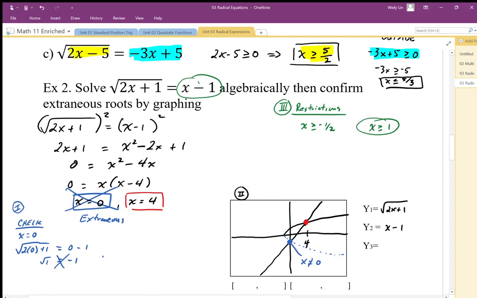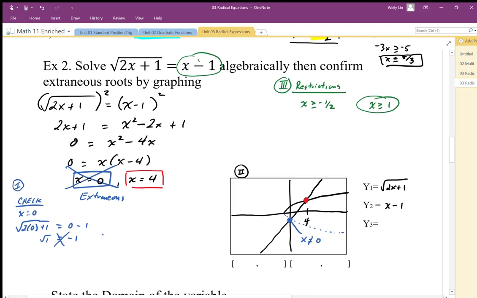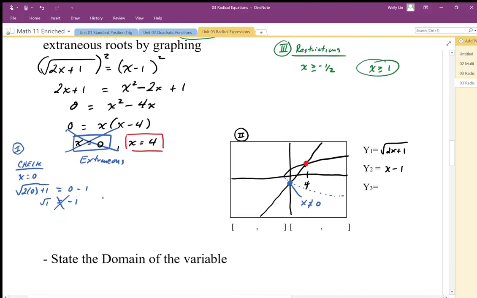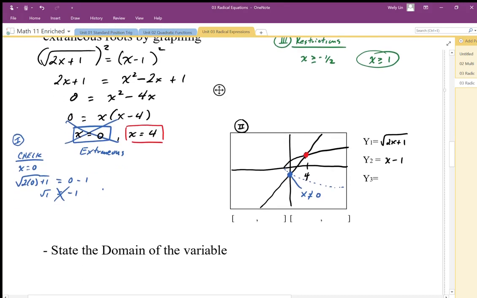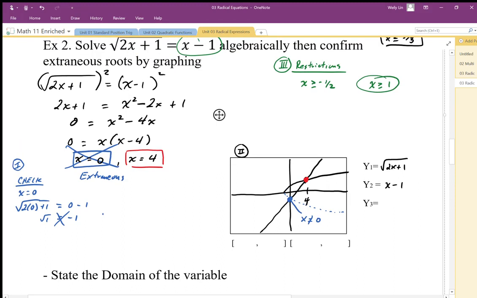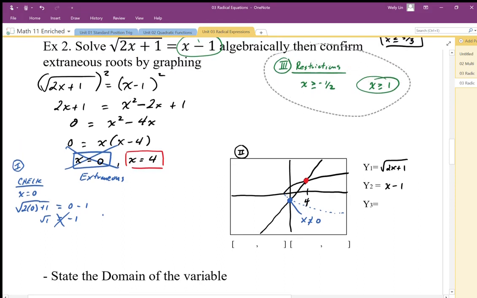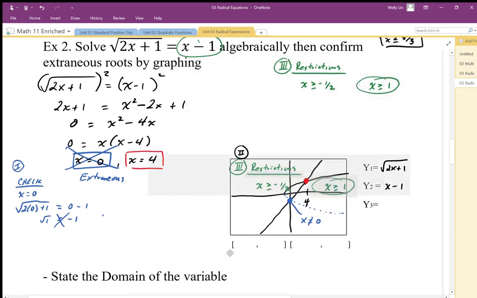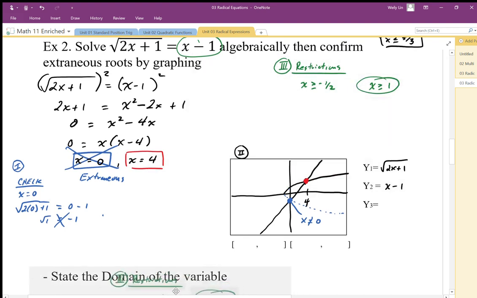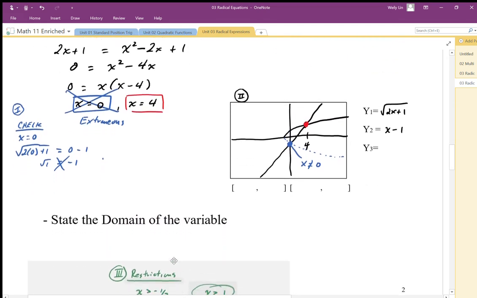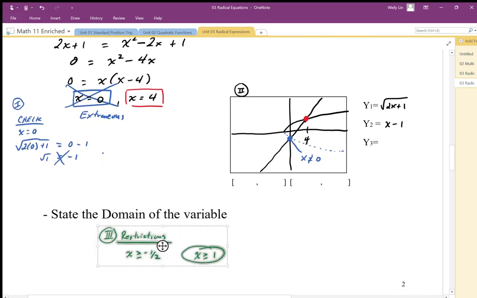And so there's 3 different ways we can confirm extraneous solutions. By stating the domain, we can actually determine whether we have extraneous solutions or not.